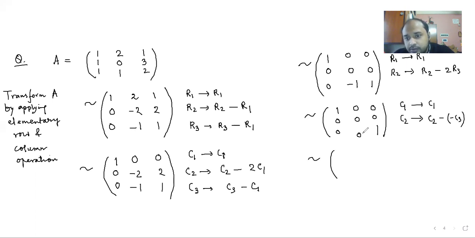And then I can interchange these two columns. So C2 and C3 have been interchanged, and then I can interchange the two rows.